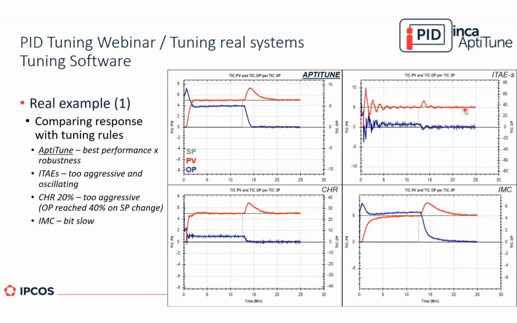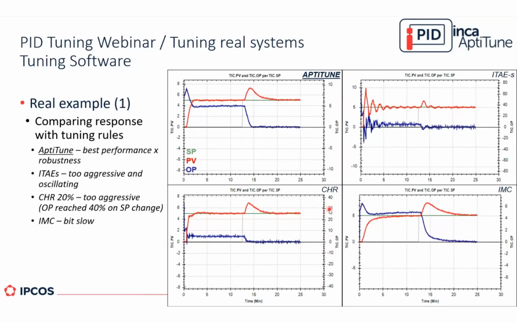If we use ETI set point here, we see that the response is very aggressive and oscillating, right? Here, if we use SHR, these are some of the rules that we saw on that table, okay? If we use CHR here, it's not very clear, but the output is on this second axis here, right?